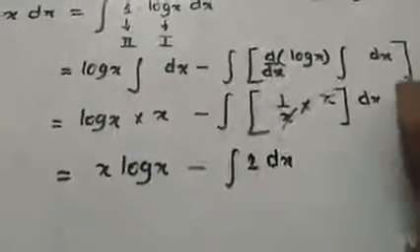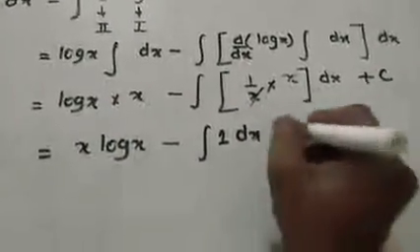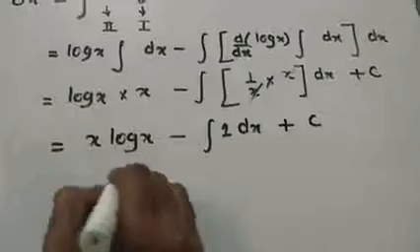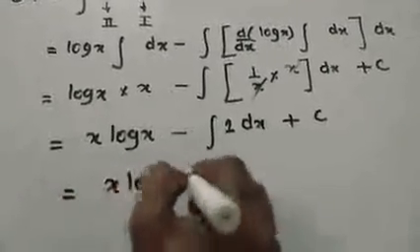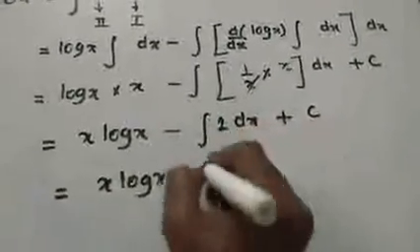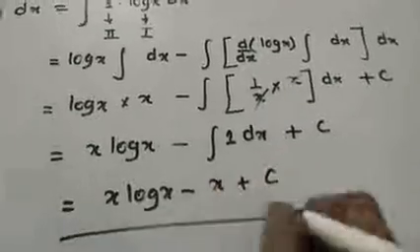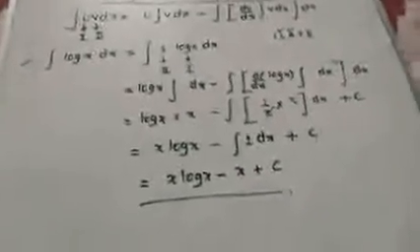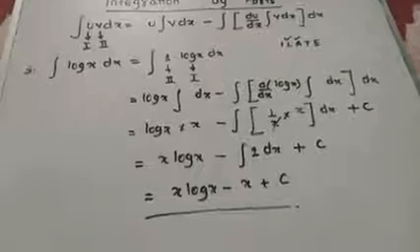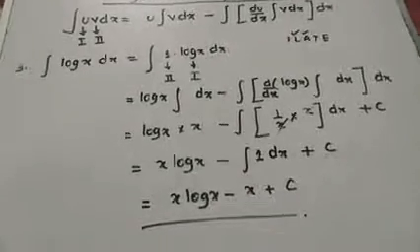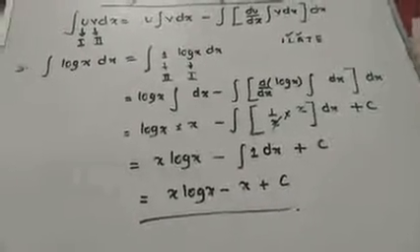One part is solved, so we will give plus c. x log x, integration of 1 dx is x, plus c. So this is our answer. Clear? Very simple integration, you just have to remember the integration by parts rule. Okay, now proceed to question number 4.